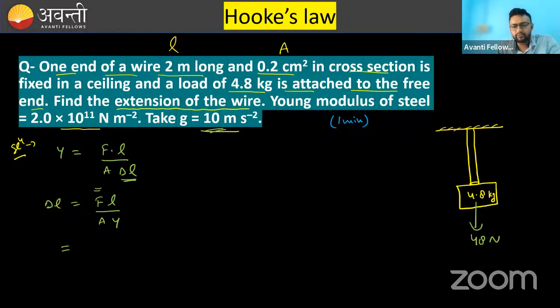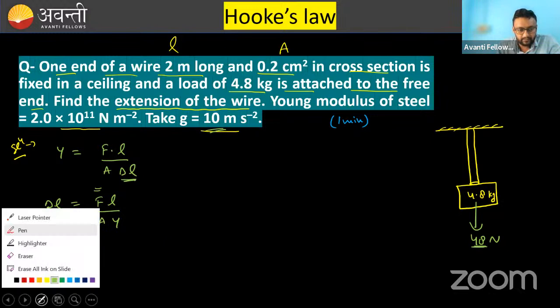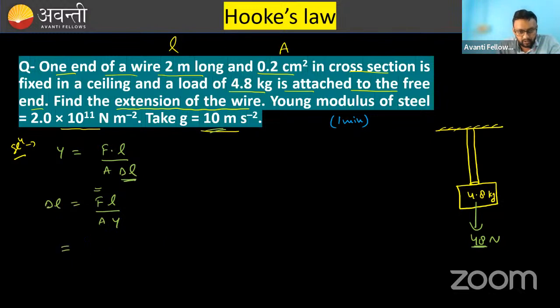Now just place the values. What is the value of force? This is 48 Newton. What is the length of the wire? Original length was 2 meter. Divided by area. Area is 0.2 centimeter square.